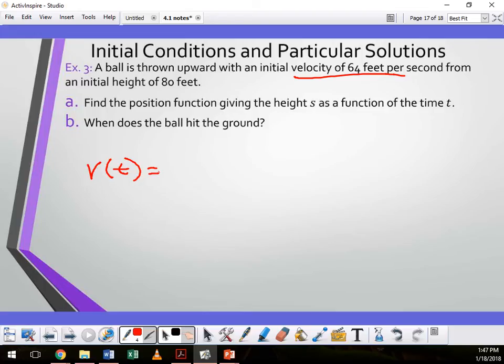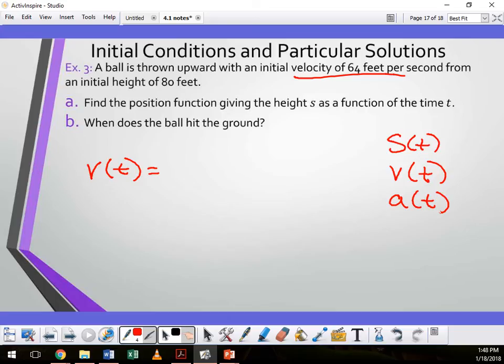So I'll do S of t, V of t, A of t. This is another way of writing it, but it's not writing it with my prime tick marks. It's just showing it is what it is, right?